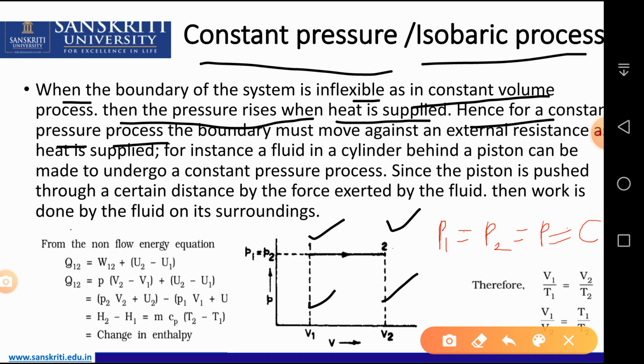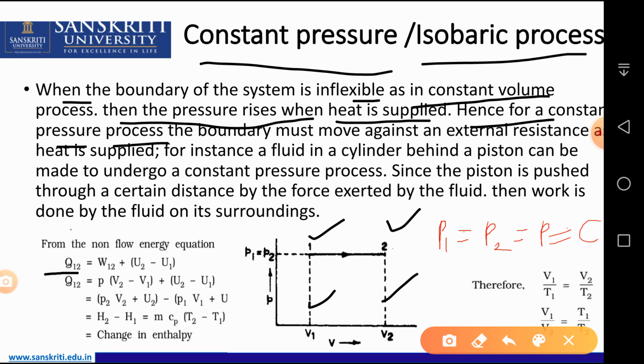In that, you have to put a weight on the piston, so heat is supplied, and the energy inside the cylinder changes. The pressure is constant, but the volume is changed. So the volume changes and it pushes the piston upward at constant pressure.